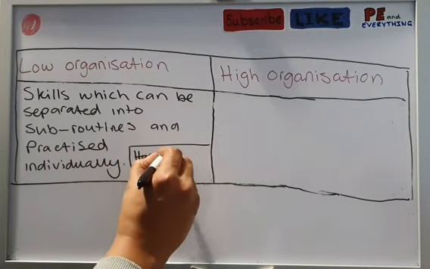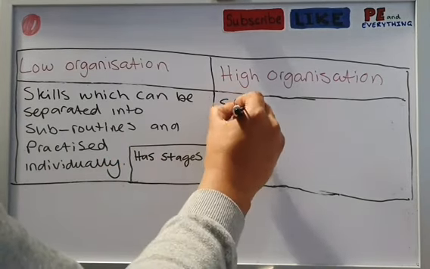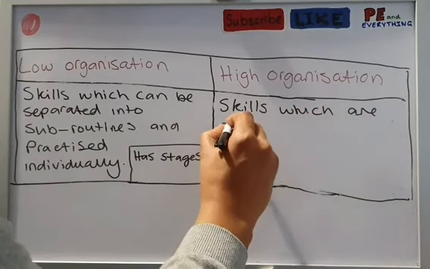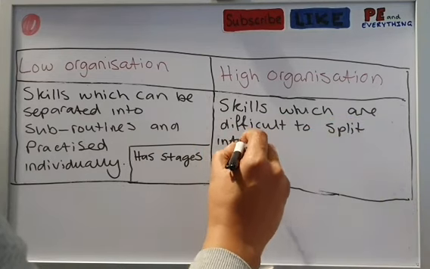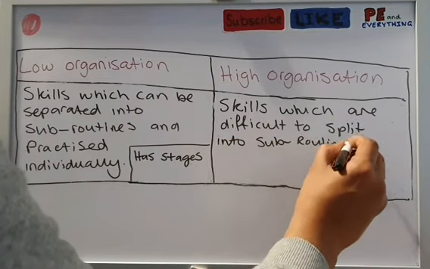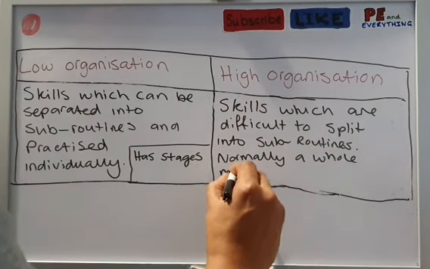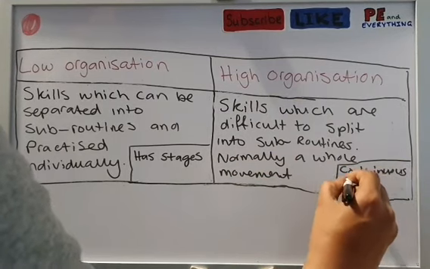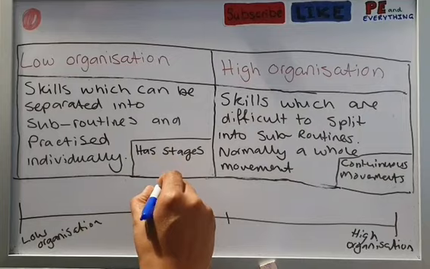As I've put here, they have stages. Whereas a high organization skill is something which is too difficult to split up into these subroutine stages, and it's normally a whole movement. Not because it's difficult, but because it's difficult to separate, because it's a continuous movement.